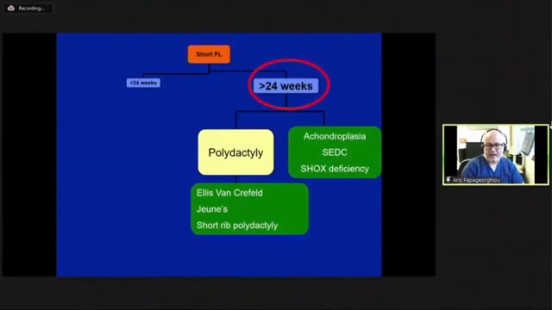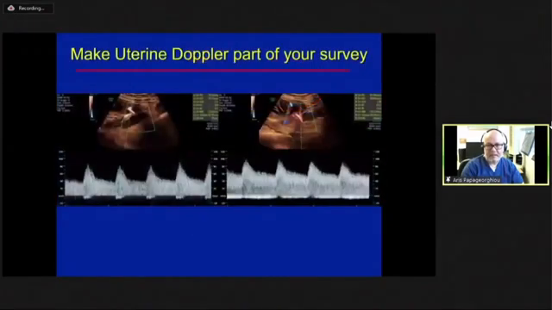Just very quickly then, for the late presenting skeletal dysplasias, now obviously we've covered the polydactyly conditions already, so I'm just going to concentrate on achondroplasia. And again, please make uterine artery Doppler part of your survey, because when you see short long bones, even in the early third trimester, say at 28 weeks, could this be growth restriction?